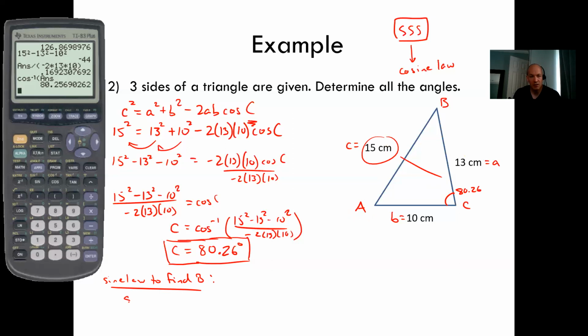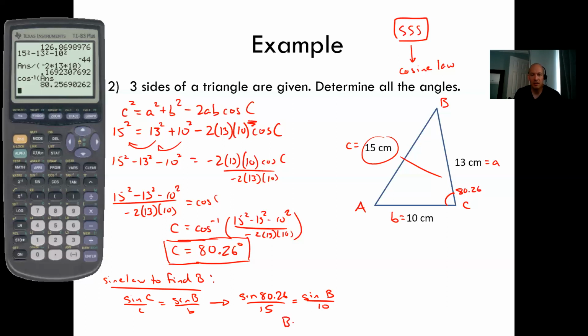So I'm going to write sine C over little c equals sine of B over little b. So this becomes sine of 80.26 over 15 equals sine of B over 10.